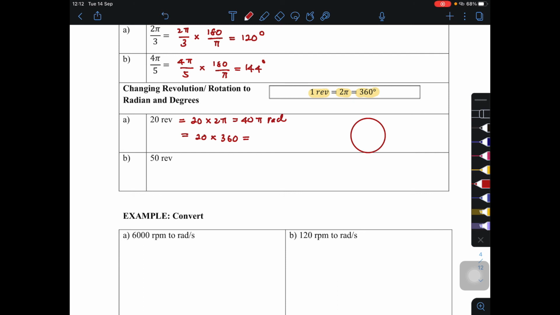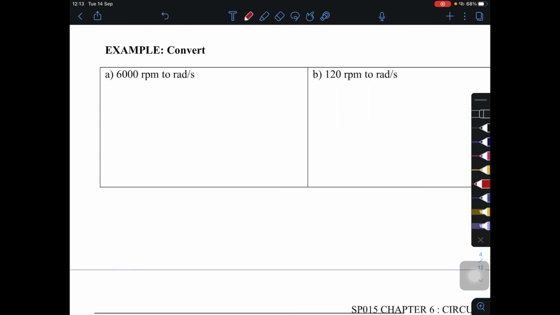So you will get 7200 degree. Okay, so this one, if you don't want to leave your answer as 40 pi, kamu boleh letak jawapan kamu dalam titik perpuluhan pun boleh. Kedua-dua jawapan diterima.